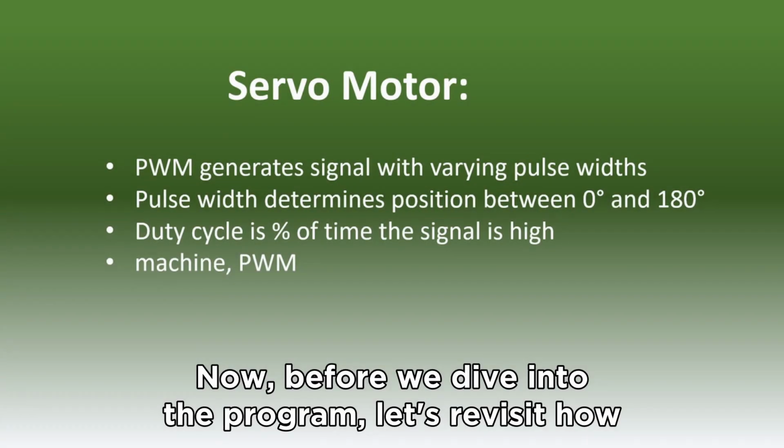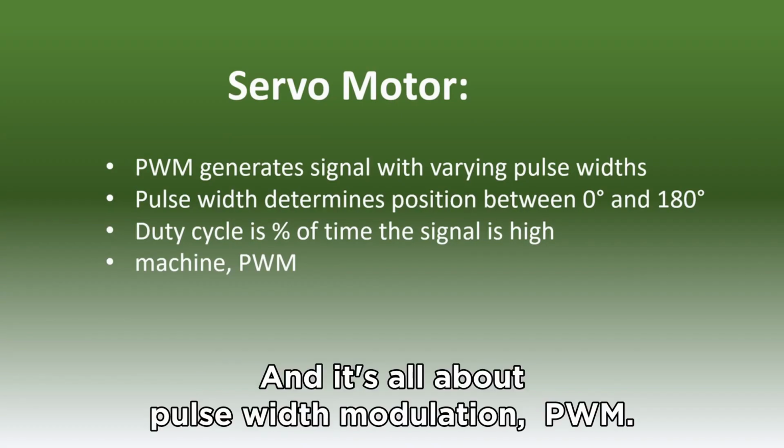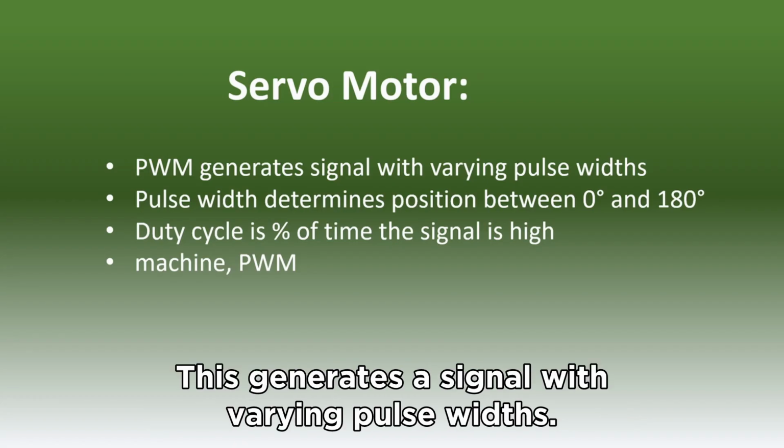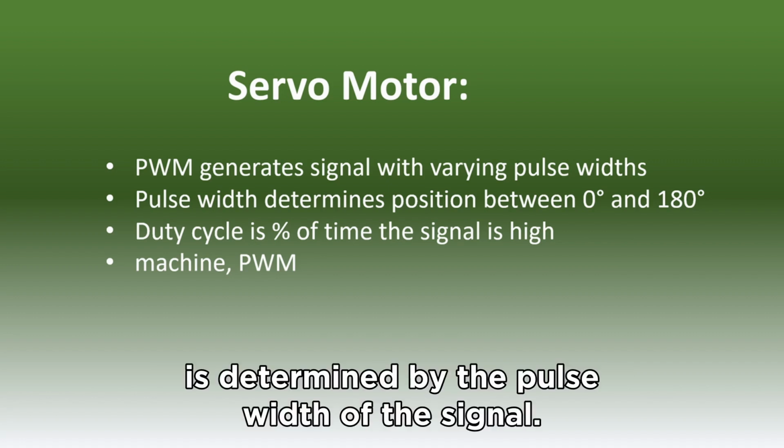Now, before we dive into the program, let's revisit how to control a servo motor. And it's all about pulse width modulation, PWM. This generates a signal with varying pulse widths. And the servo position, so between 0 and 180 degrees, is determined by the pulse width of the signal.